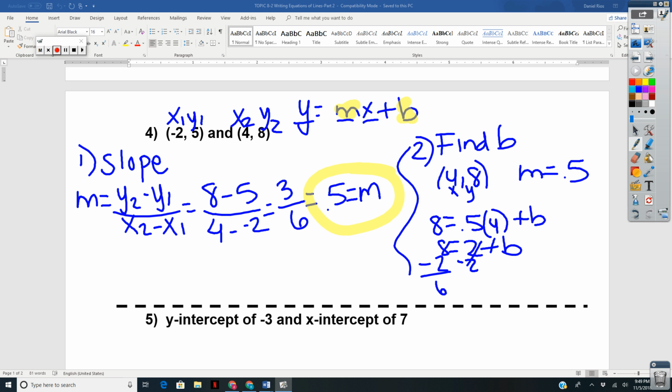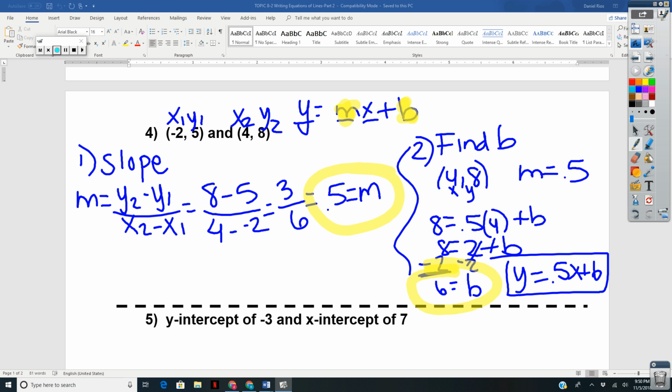That leaves me 6 equals b. Now I can use b and m to substitute them again into this formula, and my answer would be y equals 0.5x plus 6.